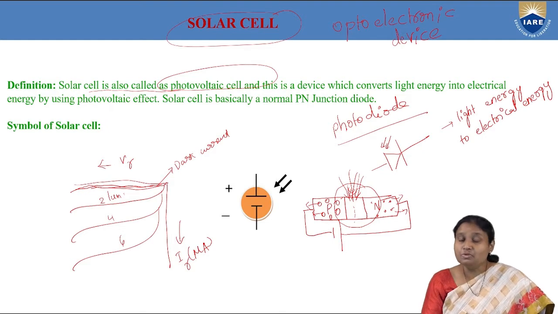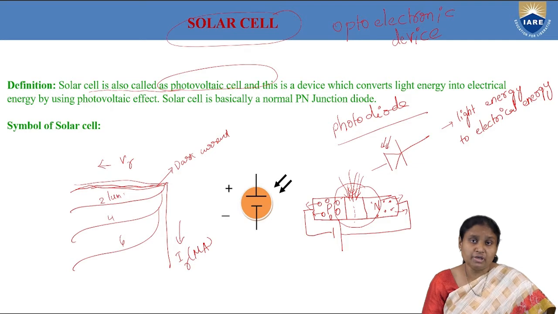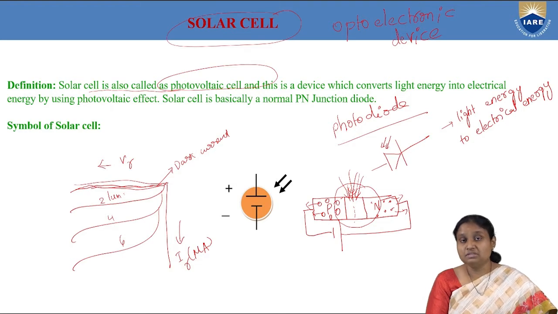The second most important point is that here we are reverse biasing, while in a solar cell there is no application of biasing voltage. Materials used to make a photodiode are normal semiconductor diodes like silicon and germanium, whereas to make a solar cell we use some special types of materials, which we are also going to see in this video.